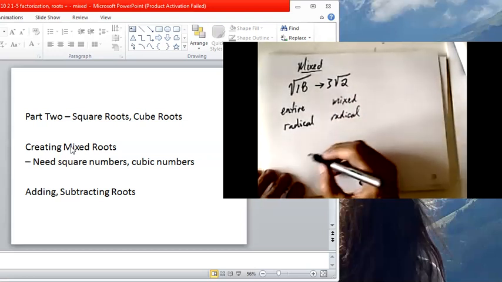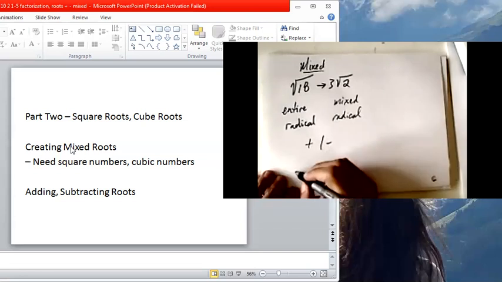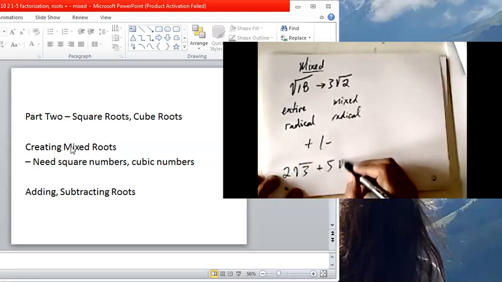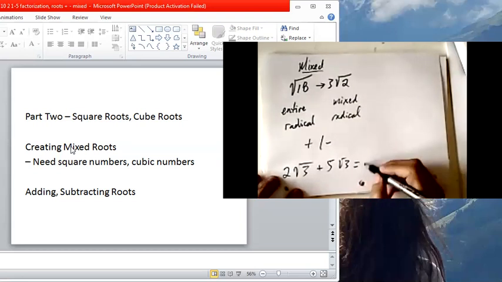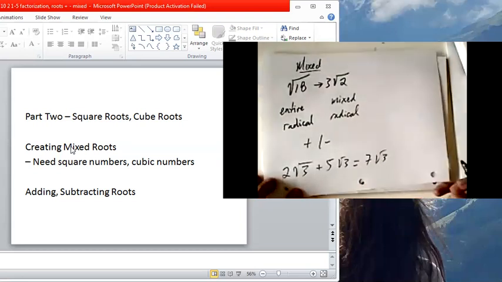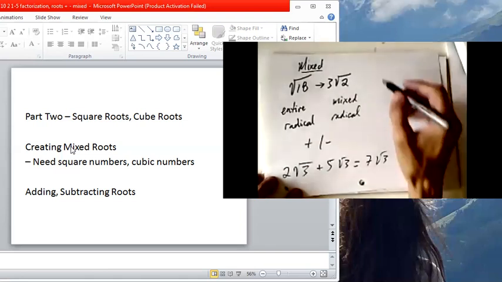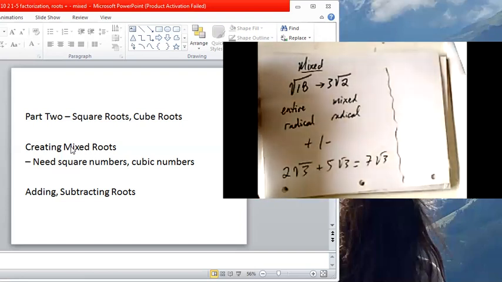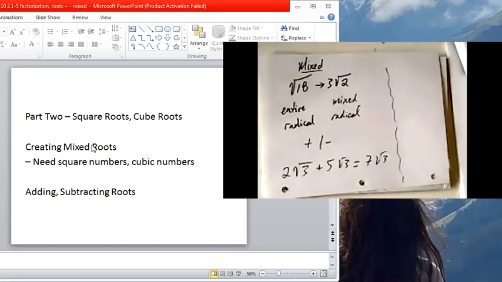The second thing is adding or subtracting. Just as a reminder, if you have something like 5 root 3 plus 2 root 3, that gives you 7 root 3. Just in case, as I said, you've seen the topic before but maybe don't recognize the words. And I'm going to tell you straight up, there's one thing I don't recognize.